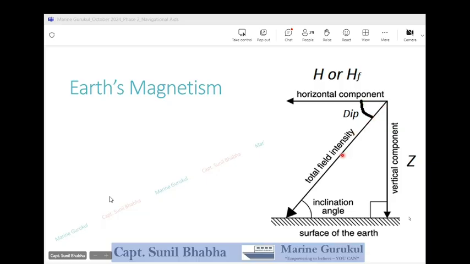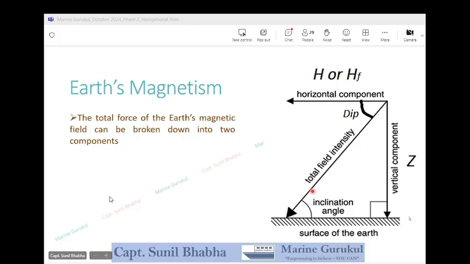Now the magnetic field in this particular direction is represented as total field intensity of the Earth's magnetic field. Now this total field intensity or the magnetic field of the Earth is broken down into two components for our use, for our utility to understand the magnetism better.